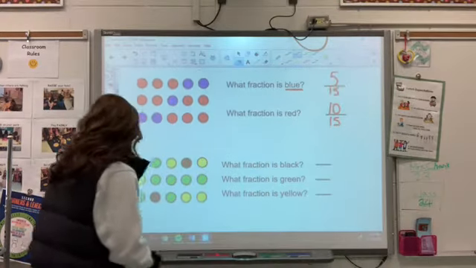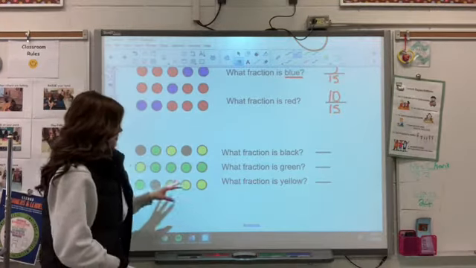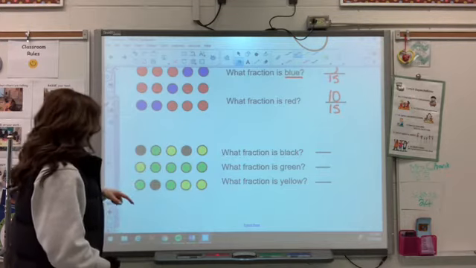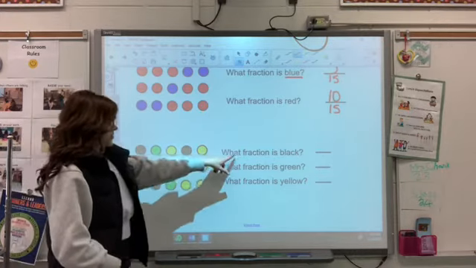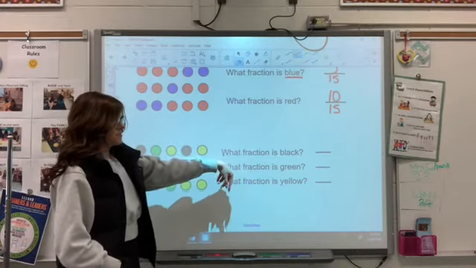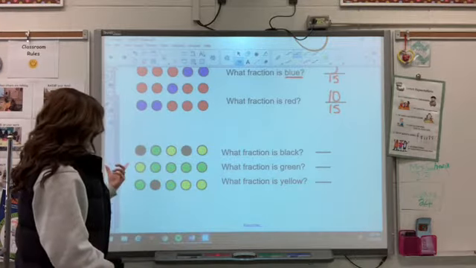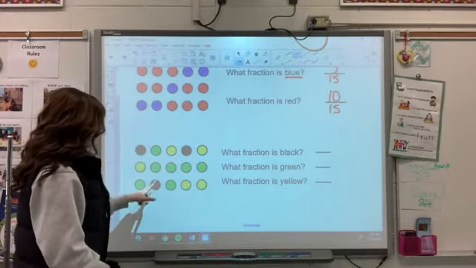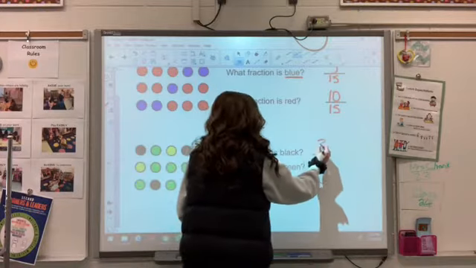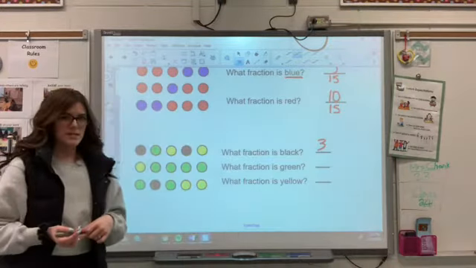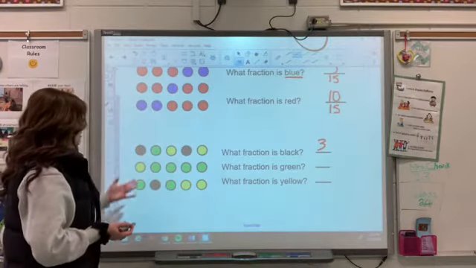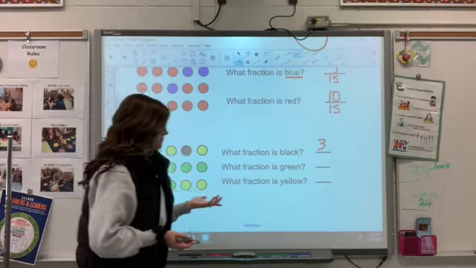The next question over here, I have another group of circles, but this time I have 3 different colors. So the first question asks, what fraction is black? So I need to count how many circles are black. 1, 2, 3. My denominator is going to be how many pieces are part of the set, and it's the same as the one before, so 15.